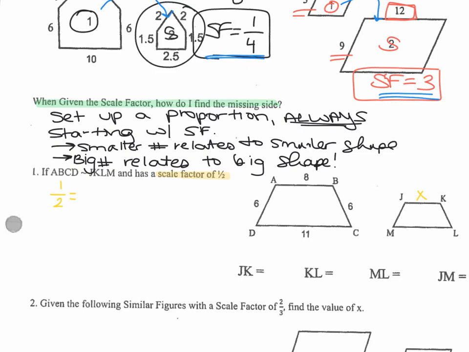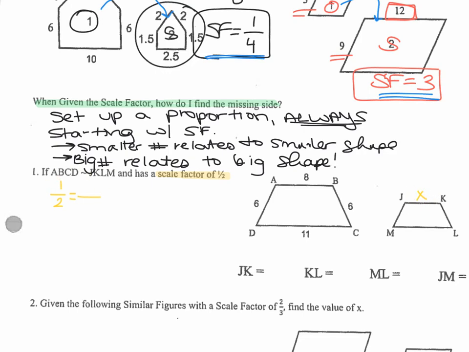Now if you look at 1/2, where's my smaller number? My smaller number's on top, which means my small shape's going on the top and my big shape's going on the bottom, because I know this is going to be another fraction. So X corresponds to 8, right? Is X on the small shape or the big shape? Well, that's the small shape.